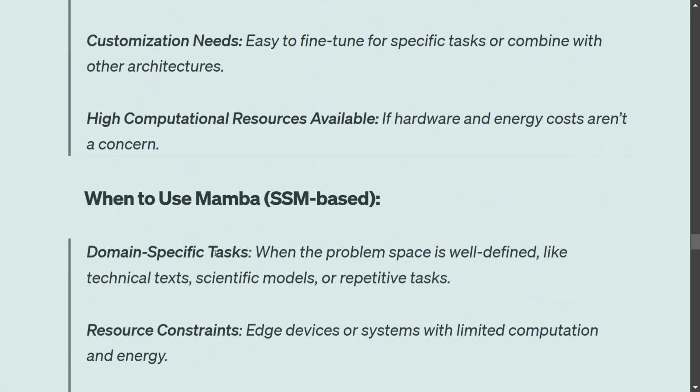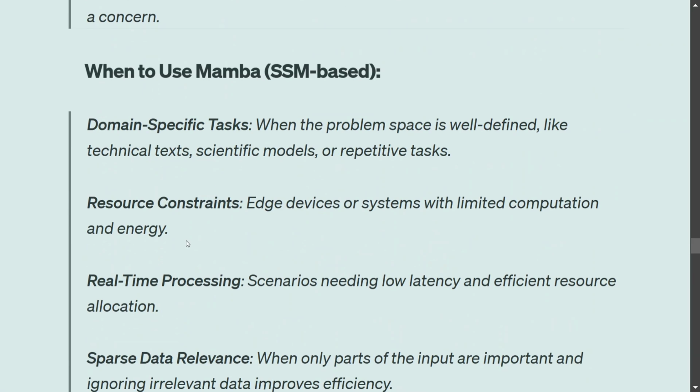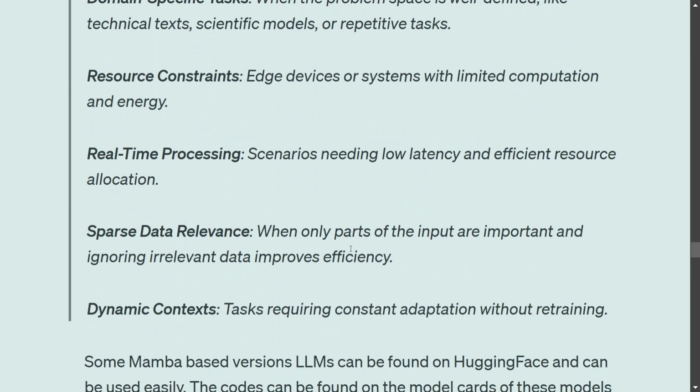When to use Mamba? I think this is very important. Domain specific tasks, where resources are constrained because you don't have that much GPU or CPU to run things. Real time processing is required. Sparse data relevancy, where only parts of the input are important, and dynamic contexts are required.